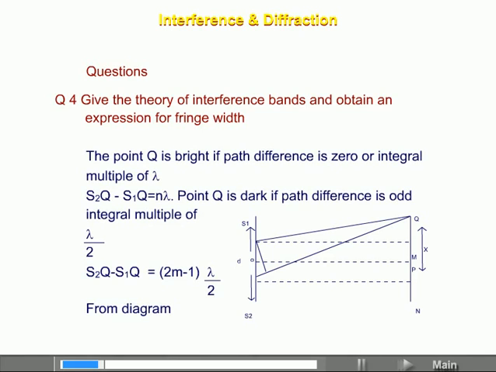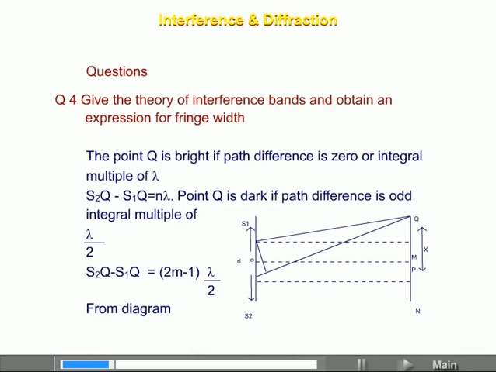The point Q is bright if path difference is 0 or integral multiple of lambda. S2Q minus S1Q is equal to n lambda. Point Q is dark if path difference is odd integral multiple of lambda by 2. S2Q minus S1Q is equal to (2m minus 1) multiplied by lambda upon 2.